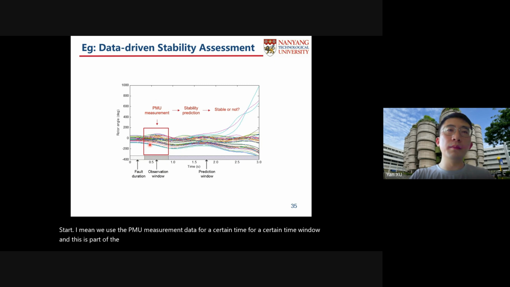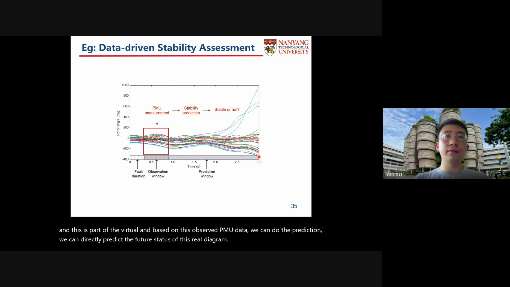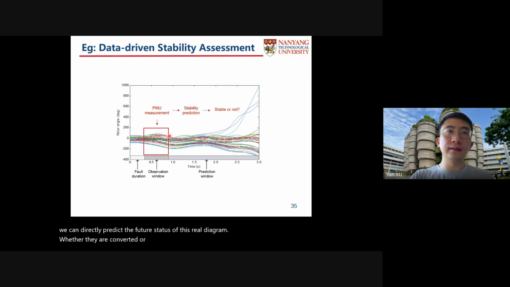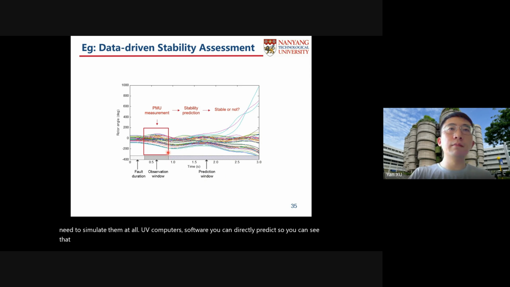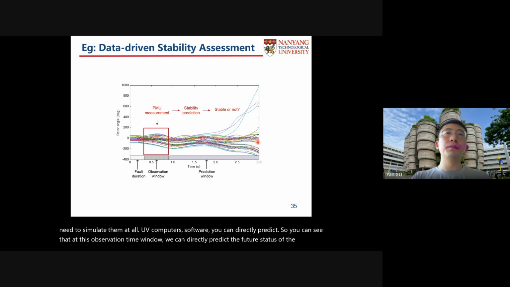Based on this observed PMU data, we can do the prediction. We can directly predict the future status of the rotor angles, whether they converge or diverge, standing at this time point, so that we don't need to simulate them at all using computer software. We can directly predict the future status of the system stability condition.